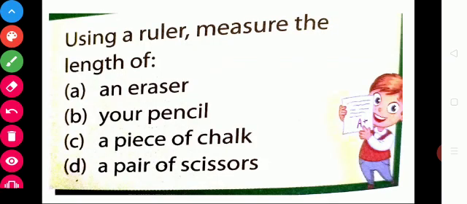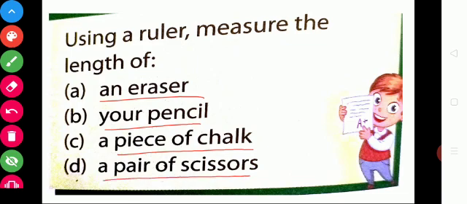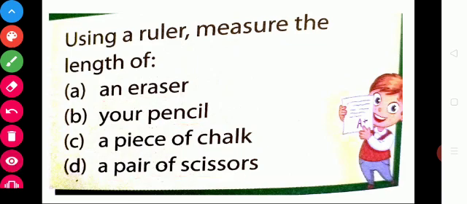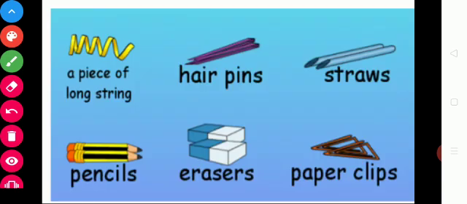Look at here. Using a ruler, measure the length of an eraser, pencil, a piece of chalk, a pair of scissors. So these we can measure with the ruler itself. Yes. And then some more examples are given.